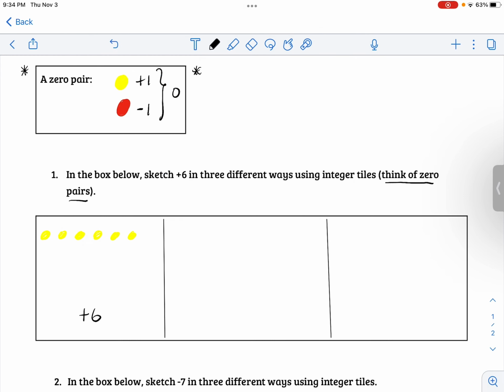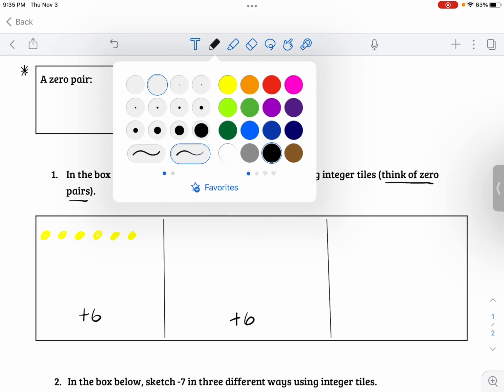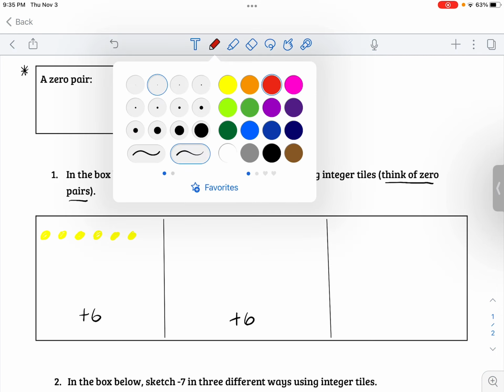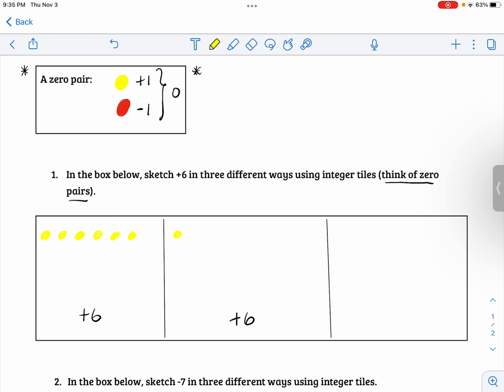So we're thinking of zero pairs. What if we did this? I also want to represent +6 here, but another way of doing it is the following. Say, for example, I'm going to do 2, 3, 4, 5, 6. So I'm drawing 6 positive tiles, but I want to make one of these a zero pair.